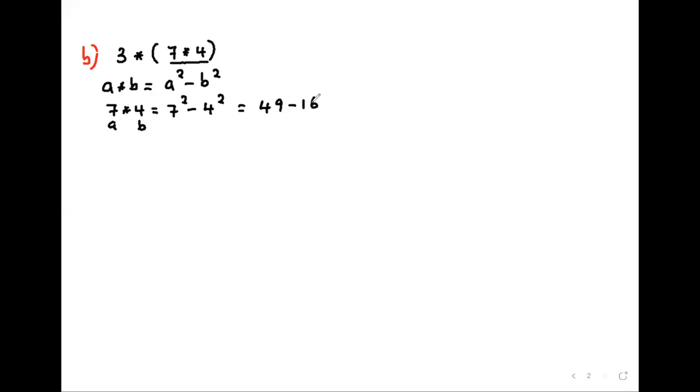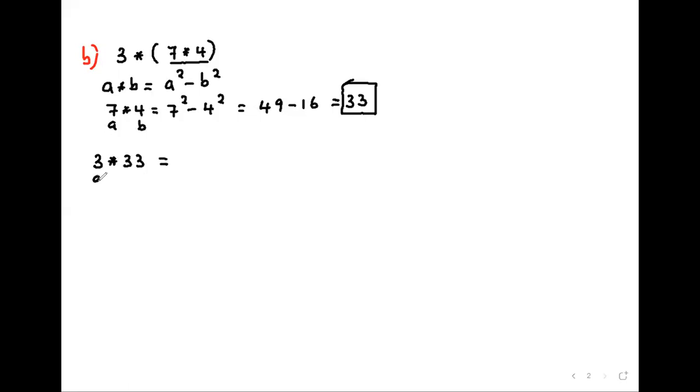What do we get? We get 33. Then we come back and say, when we see 7 star 4, we'll be seeing 33. So we go back there and say, we now have 3 star 33.